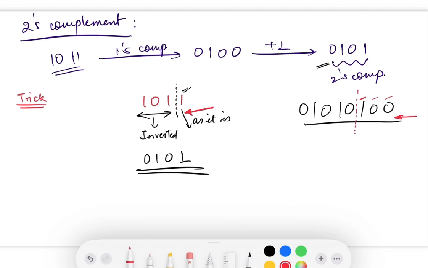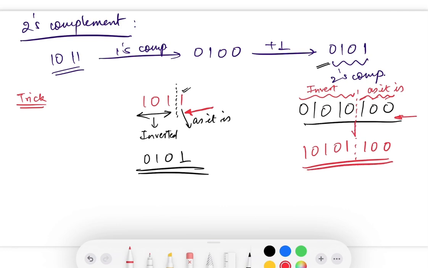These numbers will be inverted and these numbers will be kept as they are. So the 2's complement will be 1, 0, 1, 0, 1, 1, 0, 0. This is the 2's complement of this number.